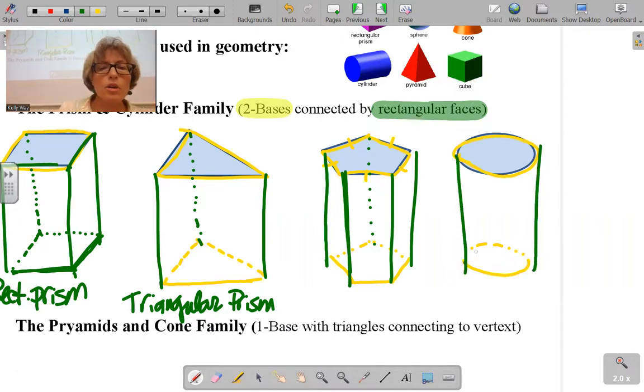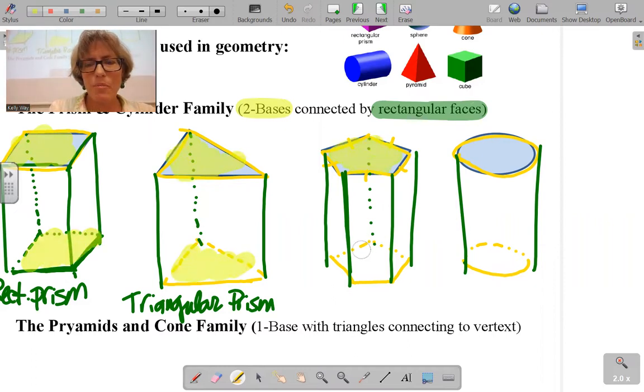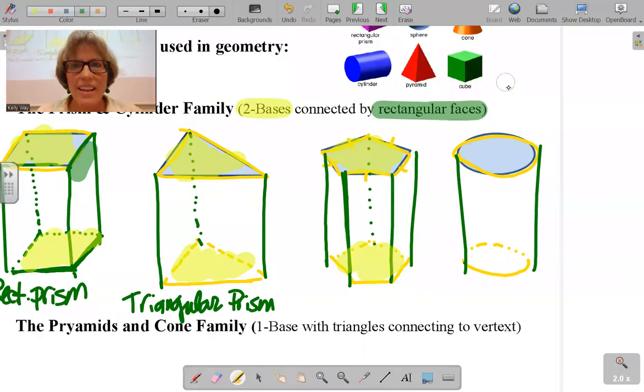All right. So the definition of a prism is it has 2 bases. So these would be the bases. Bases, bases, bases, bases. Those are your bases. And they're connected by rectangular faces. Now for a cylinder, you're like, there's no rectangle for a cylinder. But there is.